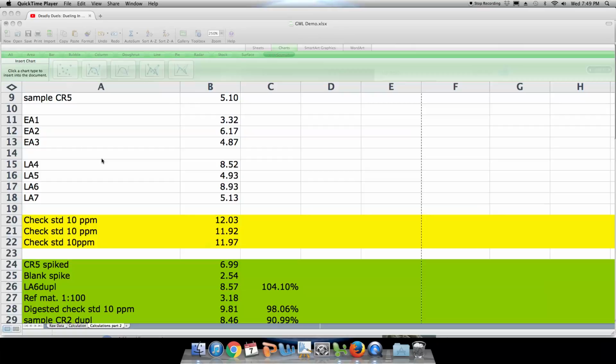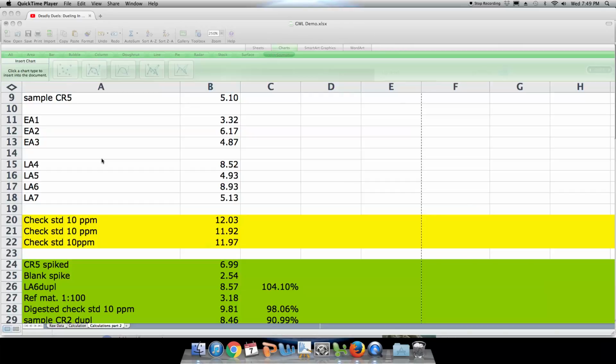Now for our last video, we are going to learn how to handle the spikes. One thing we should point out is that when doing any of your calculations, whether it is the concentration, the spikes, the duplicates, or the blank spikes, we always assume that our final volume is 16 milliliters.